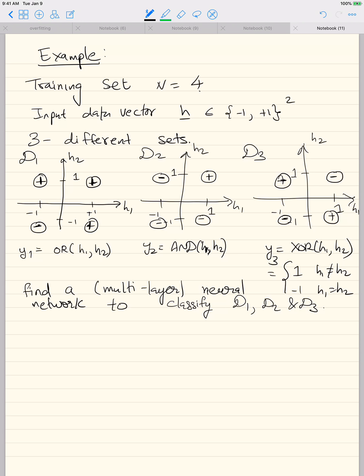So note that D1 and D2 are linearly separable.